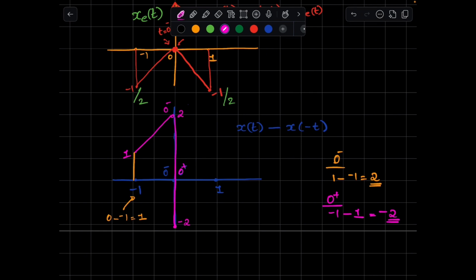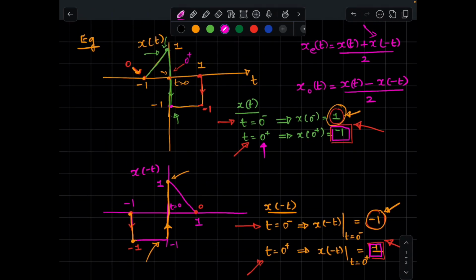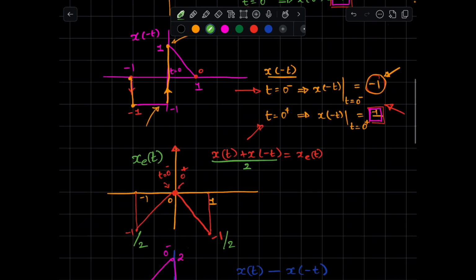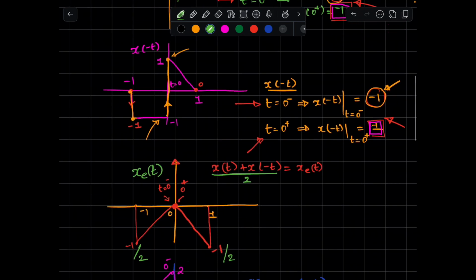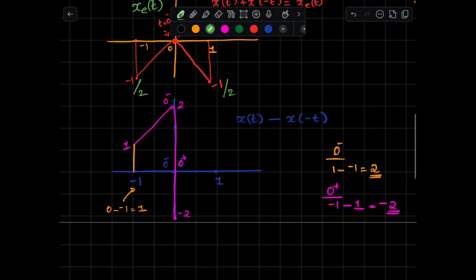Now we have to see the next point. So the next point is at 1. At 1, the amplitude is going from 1 to minus 1, or we can consider minus 1. So we have minus 1, then the second one as 0. So minus 1 minus 0, the answer is going to be minus 1.